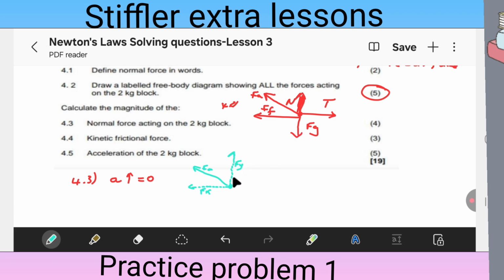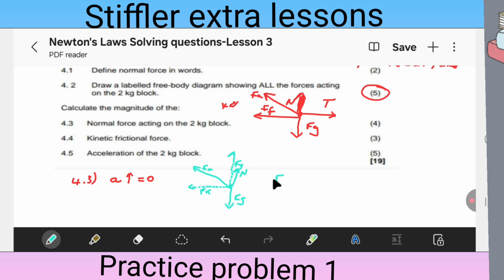So upwards we have two forces, F at y and the normal force, and downwards we only have one force, Fg. To calculate the normal force, we must add these forces, and the acceleration is 0 since there is no upwards or downwards motion.